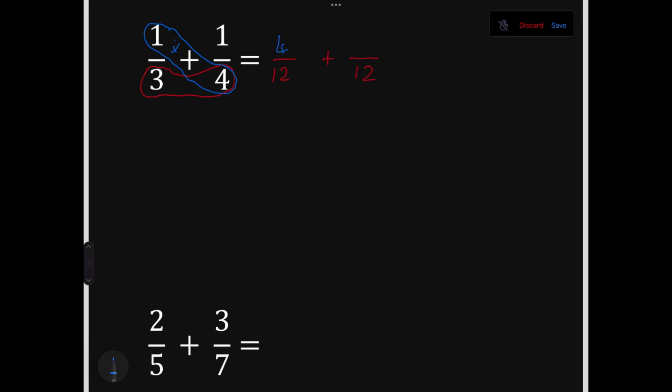That gives me 4. Then I'm going to multiply the 3 and the 1. That's going to be written on the other side. And so therefore, I have an answer of 7 over 12. Remember, the denominator stays the same. And there we have it.